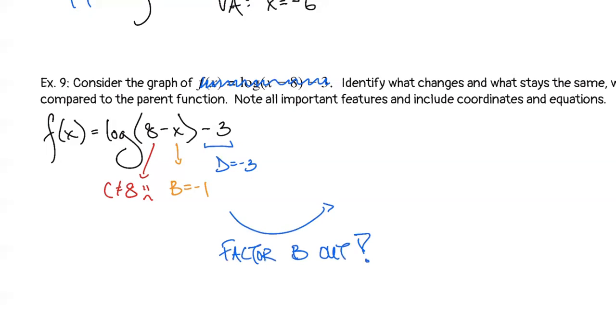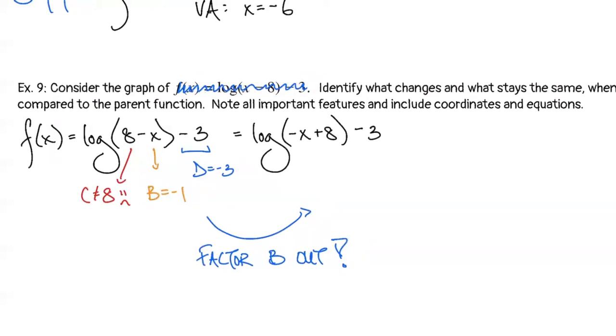So here's what I mean by that. We could have log, and I'm gonna go ahead and just write like -x plus 8, right? 8 minus x is the same as -x plus 8. But I think when we write it this way, it's more obvious to us that we need to factor the B out.